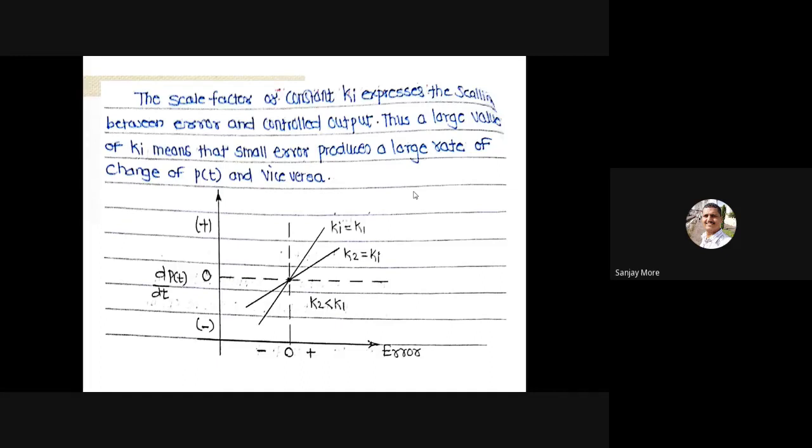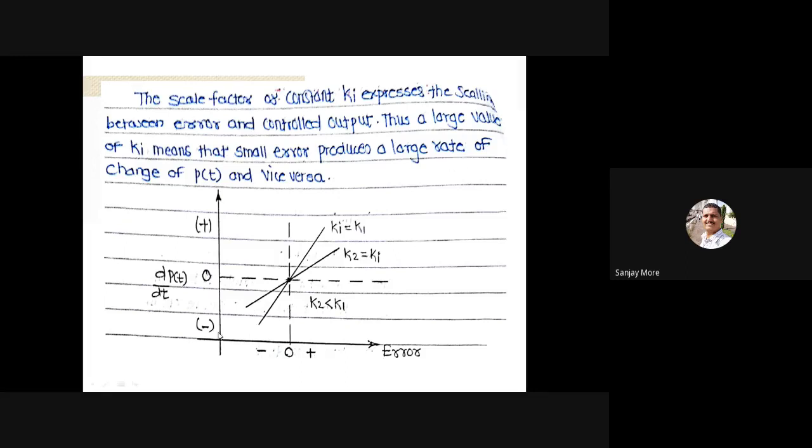See the graph. This is the output. Vertical displays the output of this graph, and horizontal gives the error. So K1 means constant of integral is equal to K1, and K2 is equal to constant of integral. So K2 is less than K1.